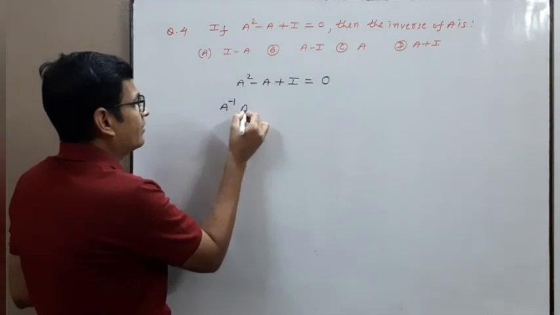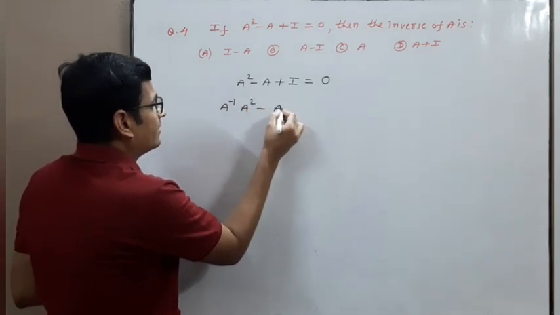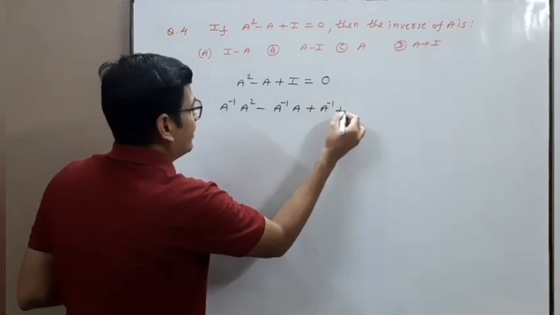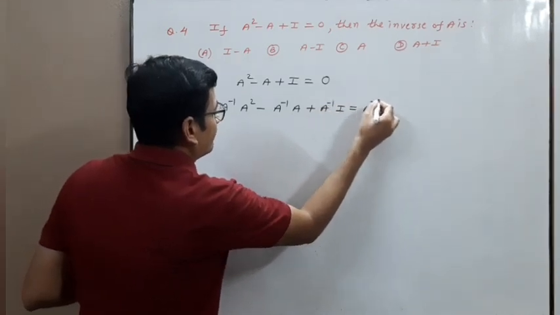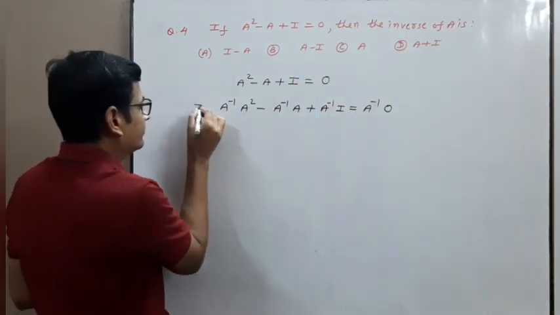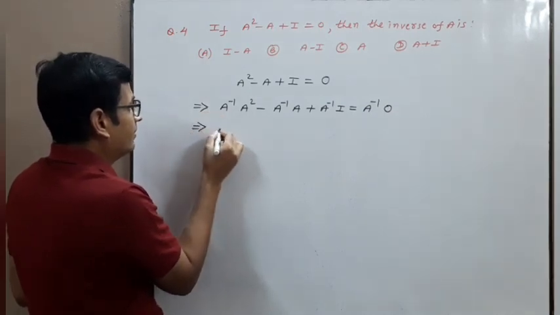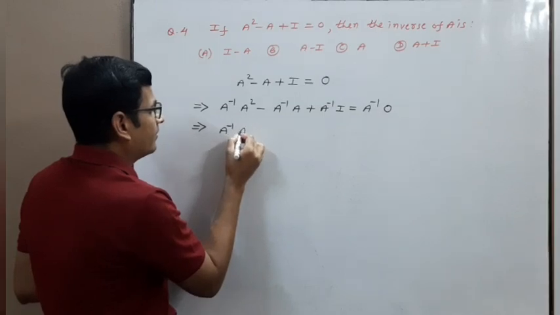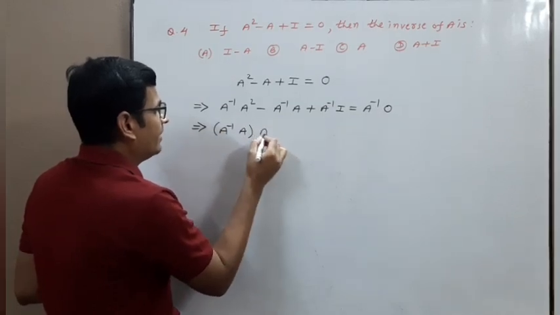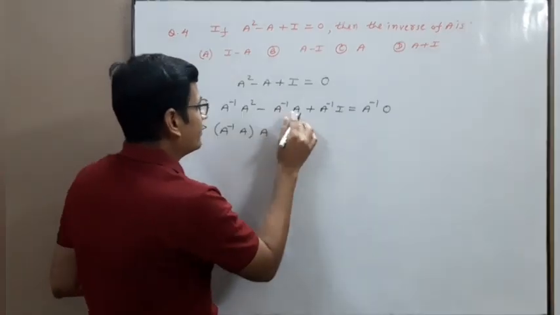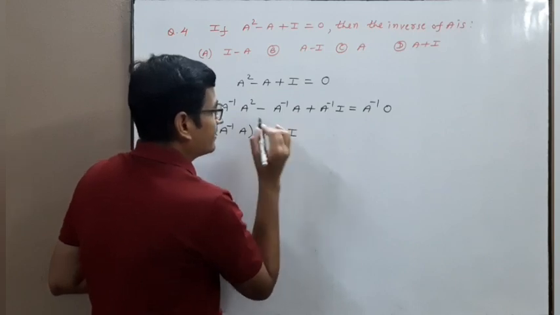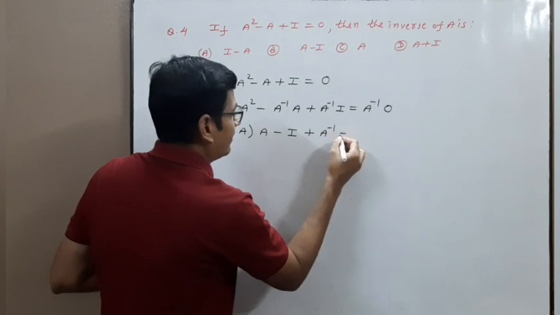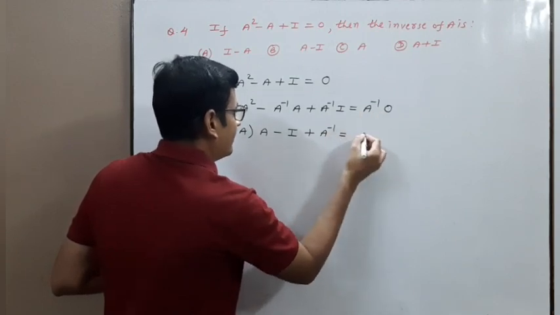So A inverse into A square minus A inverse into A plus A inverse into identity matrix equal to A inverse into 0 matrix. A inverse A square, we can write A into A. So write one A with A inverse and one A only as it is. A inverse into A is the identity matrix. A inverse into identity matrix is A inverse. And any matrix into zero matrix is zero matrix.